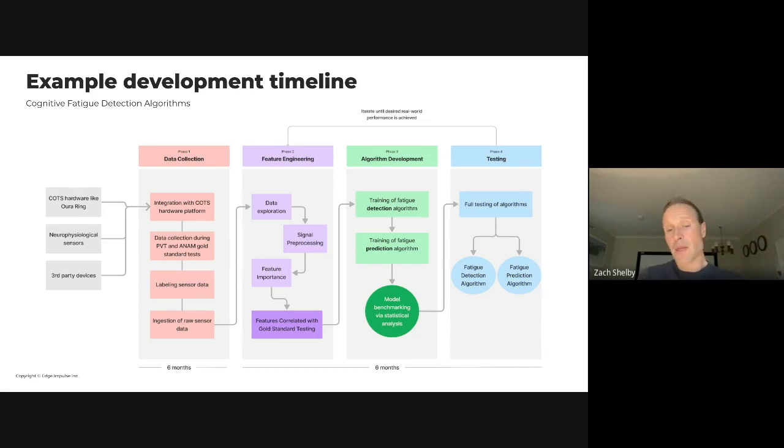And in some cases, this entire process can go down to a few months if we have a well-oiled machine and a team that really knows what they're doing. We've got access to data easily, we've got access to all the devices, we could do this quickly as well. But this is a safe process for development.